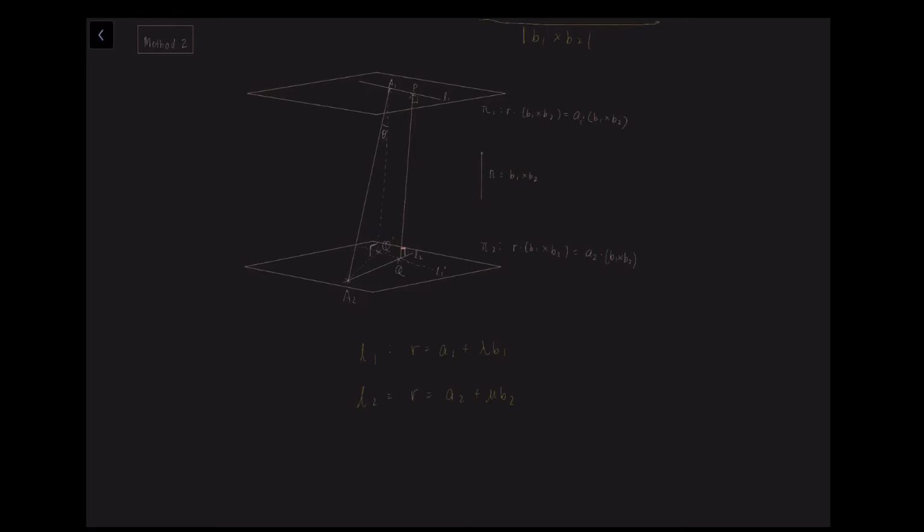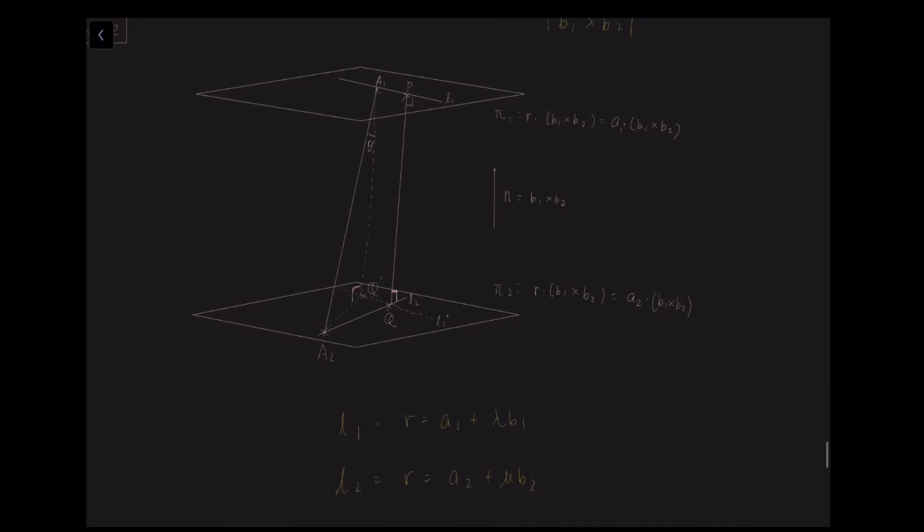We now project the line L1 onto pi2, shown as L1 prime, and slide PQ along L1 and L1 prime until PQ becomes A1Q prime.